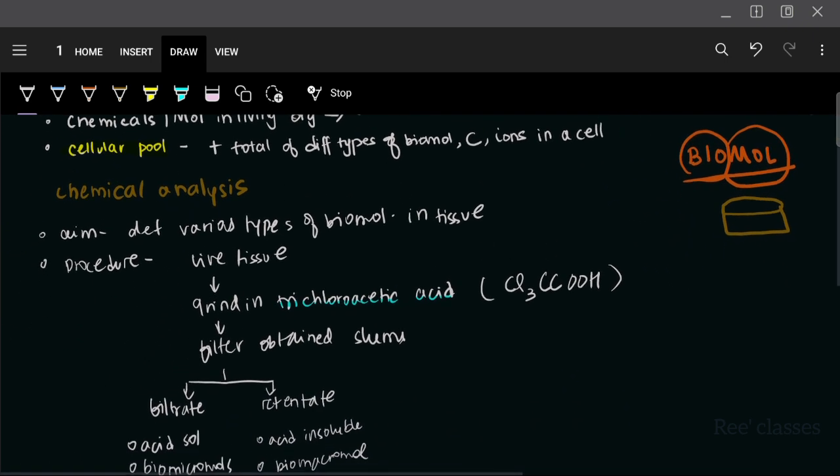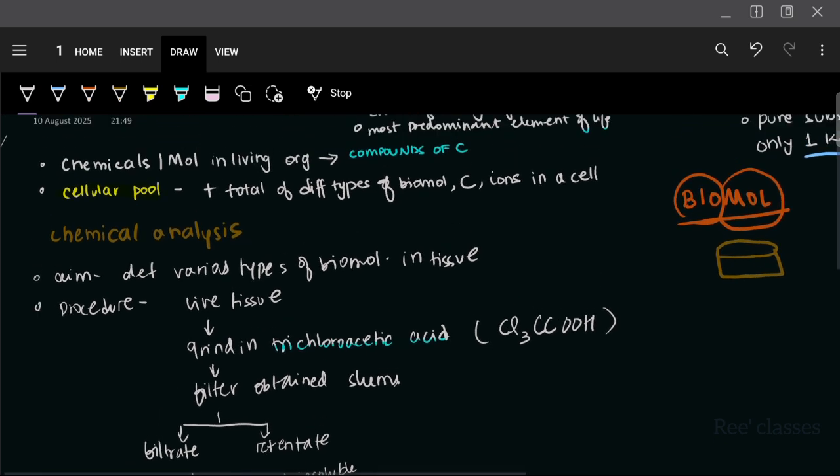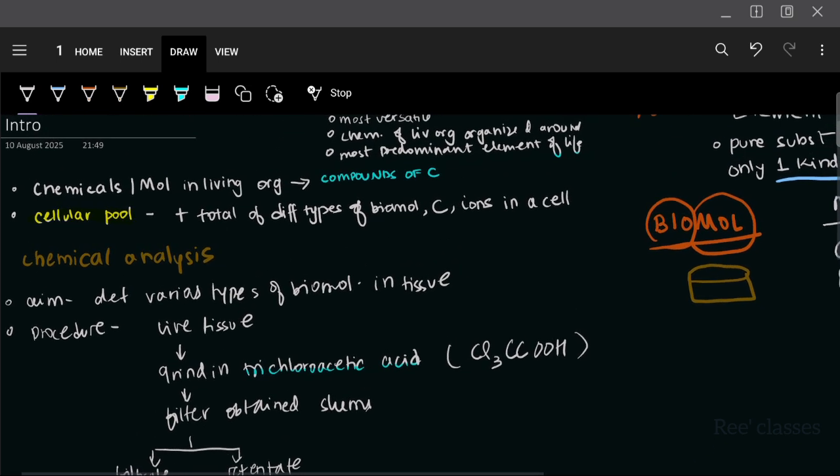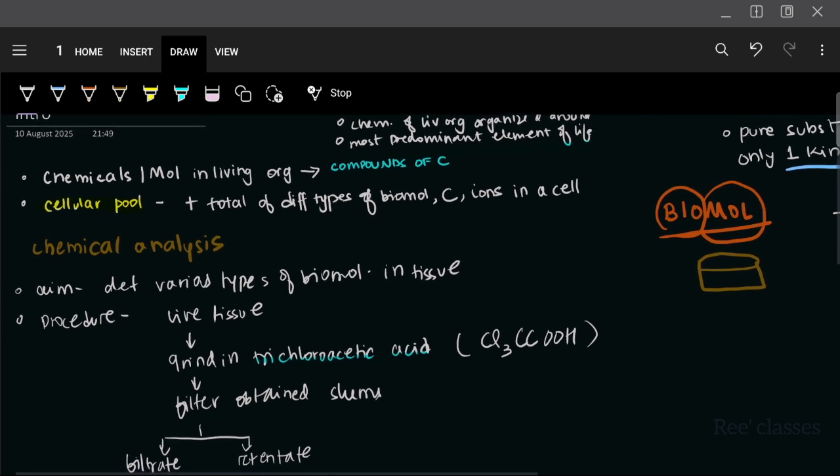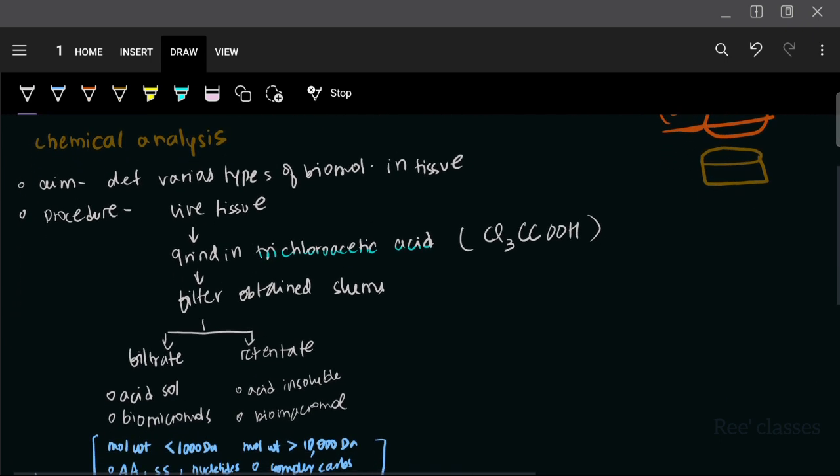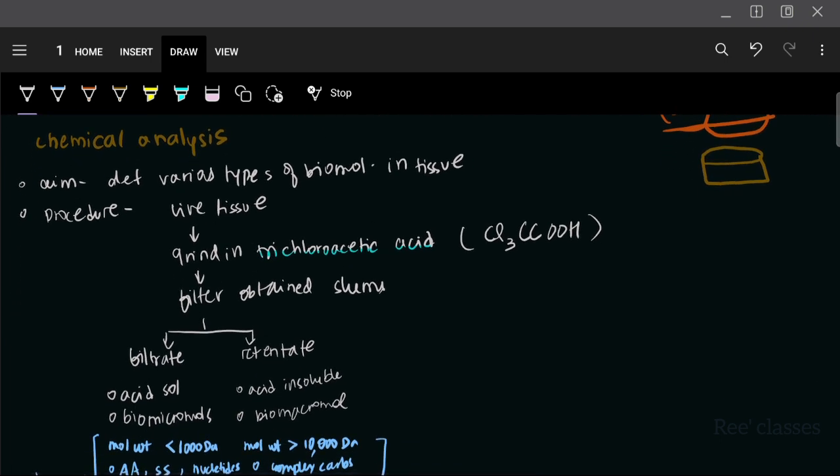Moving on. So now we're clear what biomolecules are, what elements are, and how carbon is the most predominant element of life. And we're going to talk about this experiment or technique we use. Okay, it's called chemical analysis. What the aim is, we're detecting the various types of biomolecules that are present in a living tissue.